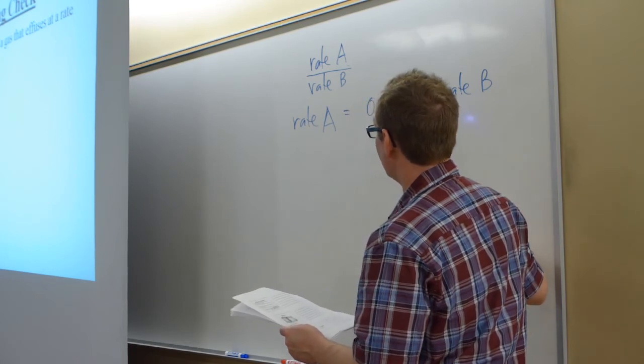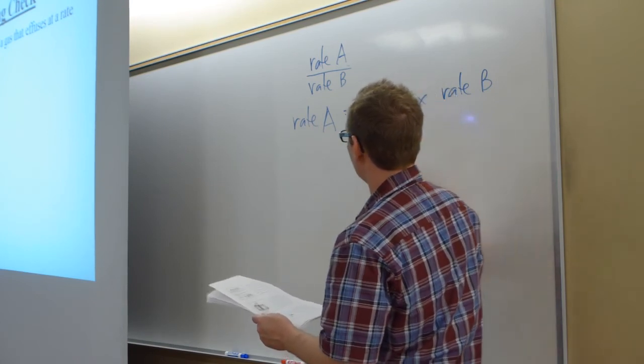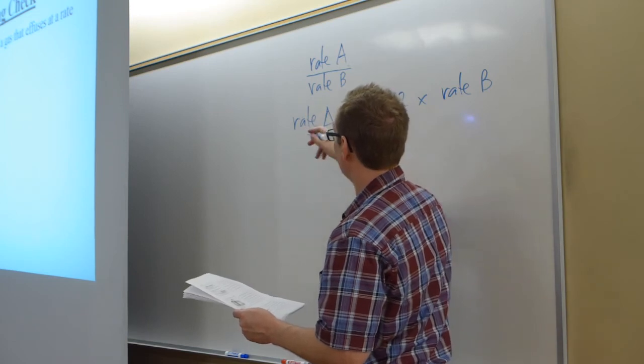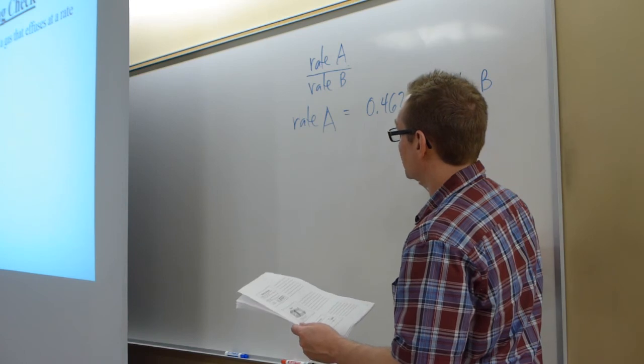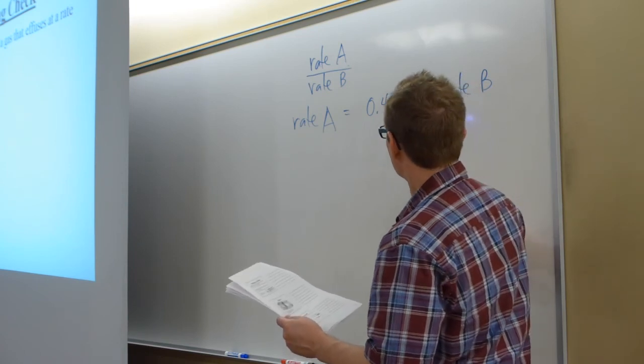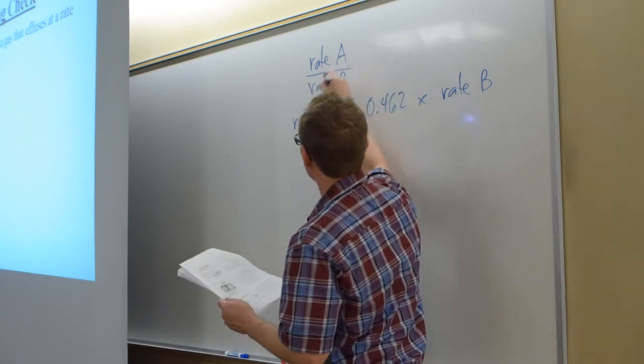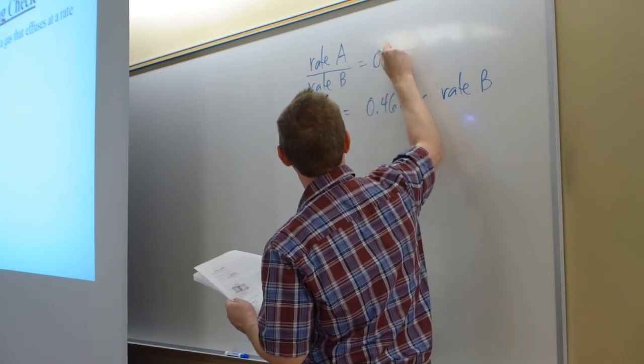Now you should be able to take rate of B equals 0.462 gas A if you want, but what they're saying is that rate A over rate B is equal to 0.462.